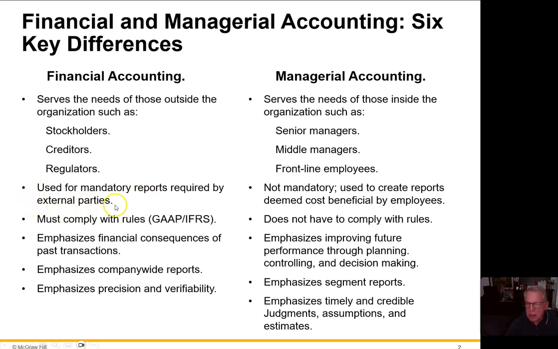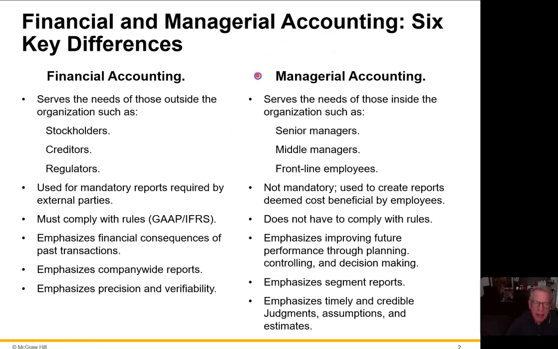For the United States, of course, that's generally accepted accounting principles, or GAAP. For international companies, that's the International Financial Reporting Standards that the rest of the world uses. It emphasizes financial consequences of the past transactions, and it emphasizes company-wide reporting and precision and verifiability.